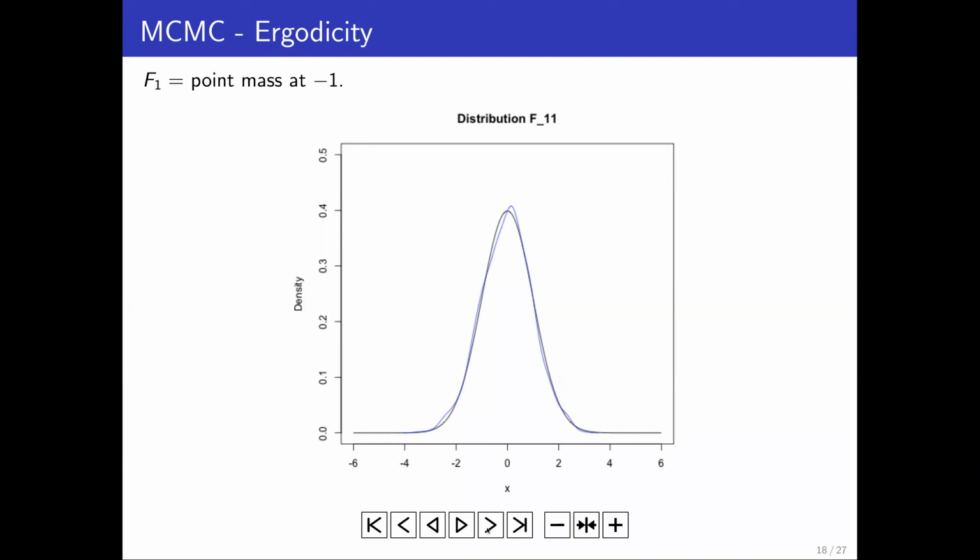Is there a method to decide that step size? Sorry, could you repeat that? Like you said, we should not start from far, so is there a method to make sure this is not the case? To find a good starting point, is that your question? Yes. So it depends. If you're in a typical Bayesian problem, then the data can often inform us as to what is a good starting point.